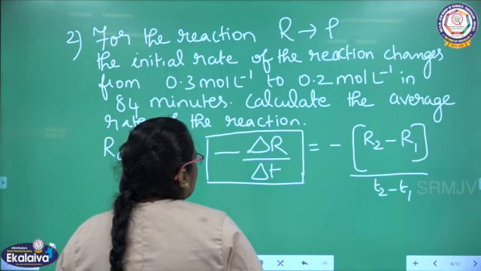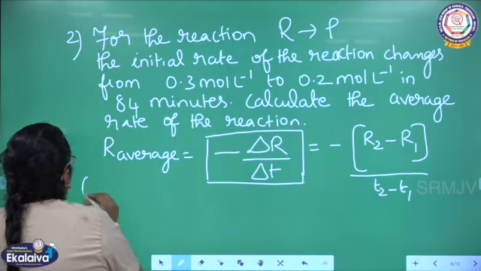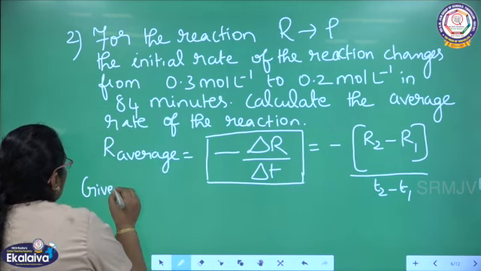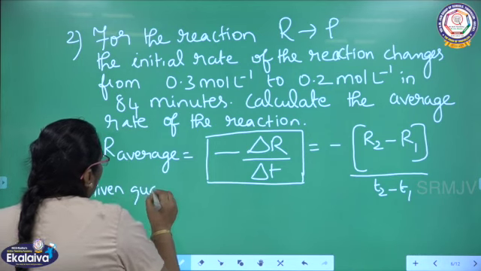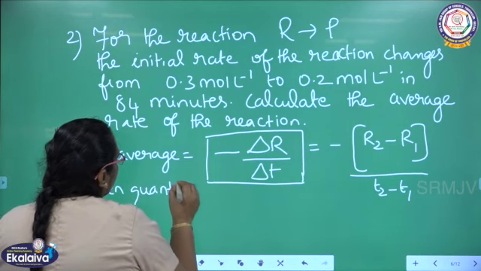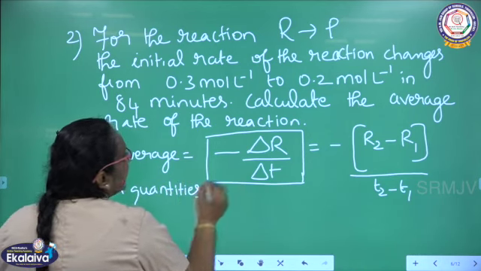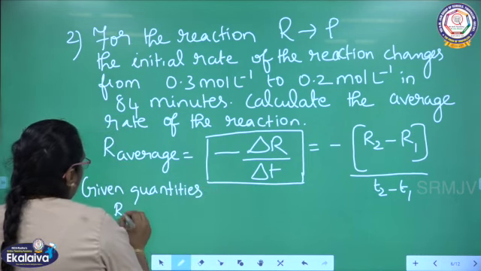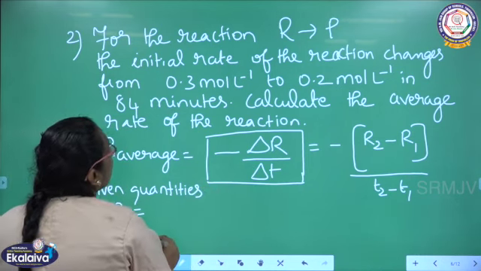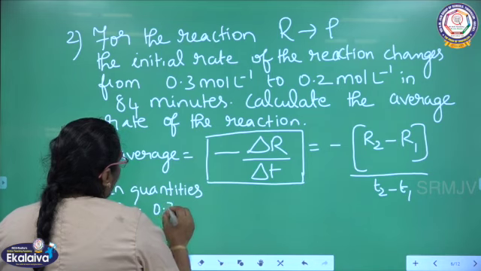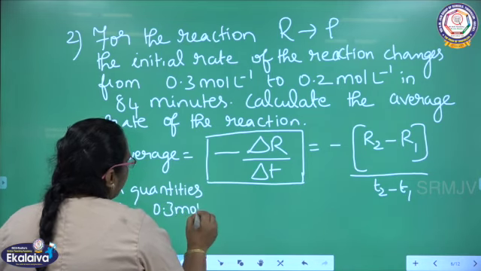Now, what are the quantities given? They have given R1, the initial concentration, that is 0.3 moles per liter.